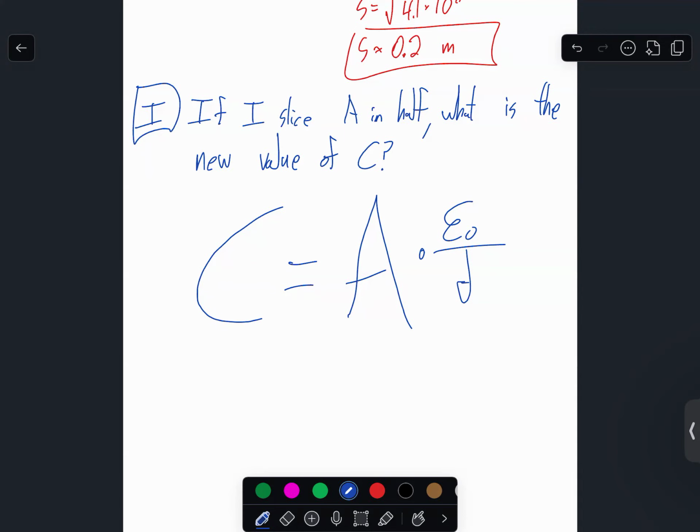I mean, it does. If I'm saying I just change A, then epsilon naught is always a constant, and D is not being stated to change. So I'm just going to ignore them. Any multiplied quantities, when reasoning about ratios, stay the same. You can rely on this.